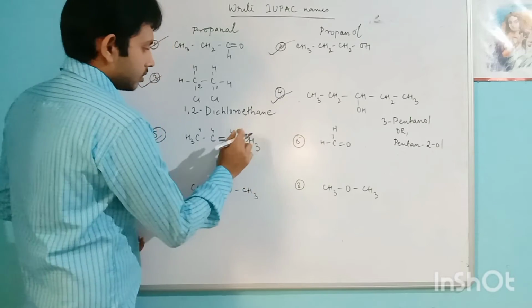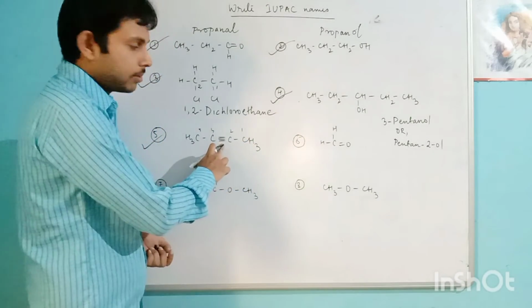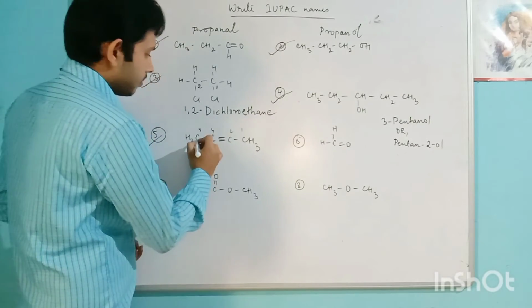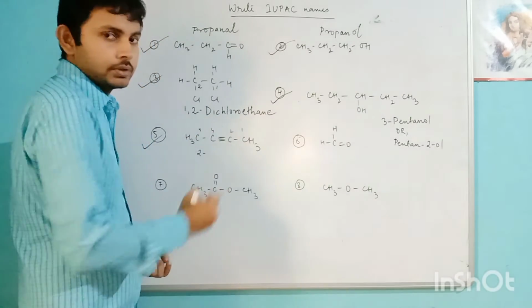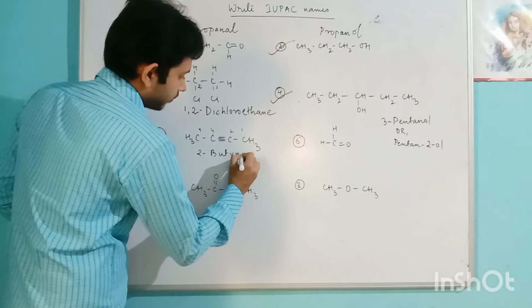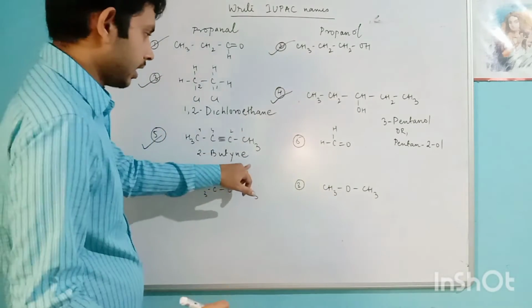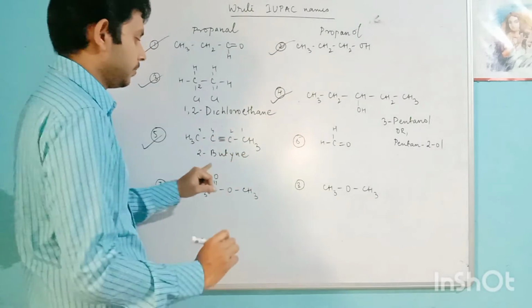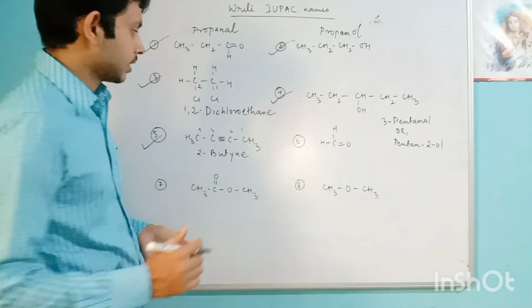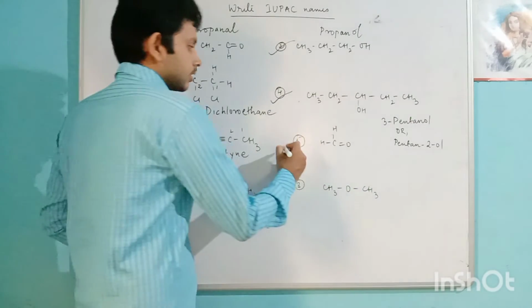Okay, so this triple bond starts from carbon number 2, so we will write 2-methylbutyne. For triple bond we write yne. Okay, if it was single bond we could have written butane, we will write simply butane if there was single bond. Now next question.